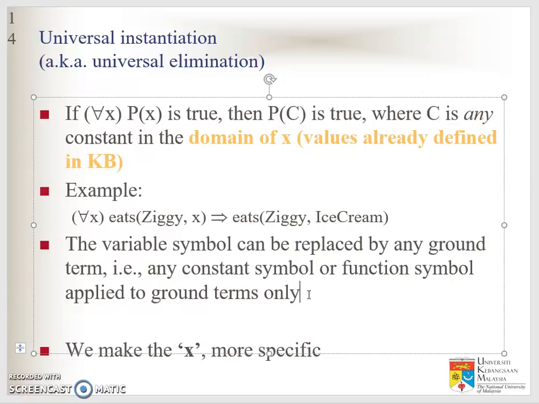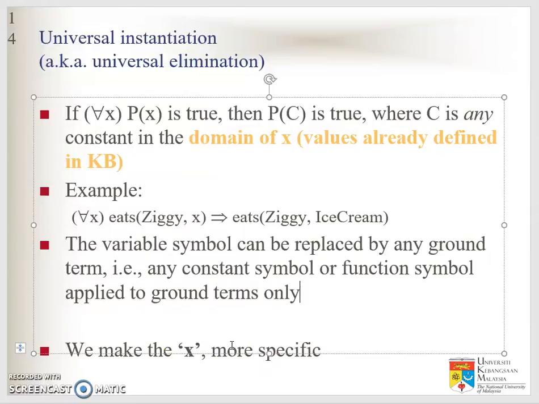So we have ice cream, chocolate, and also rice. So Ziggy only eats 3 things. So if we make this sentence, for every x where Ziggy eats x, then Ziggy eats ice cream, we already have a list of things that Ziggy eats. So in this case, you can eliminate the universal quantifier. So we make the x more specific.